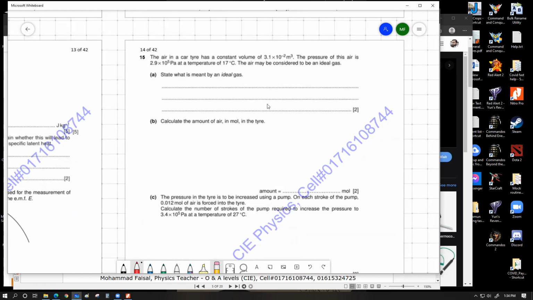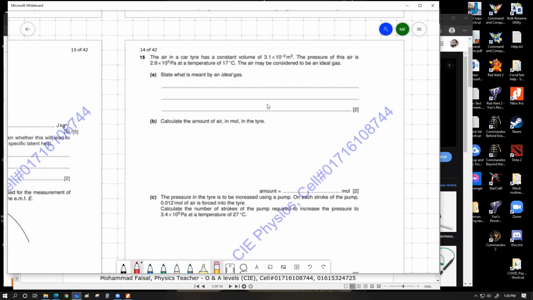The usual way we define an ideal gas is by the ideal gas equation. If you are writing that, you can either choose to write a variable-based equation where you have to eventually define the physical meaning of all those variables, or you can directly choose to write a word equation. If I was writing this answer, I'm going to write it this way.